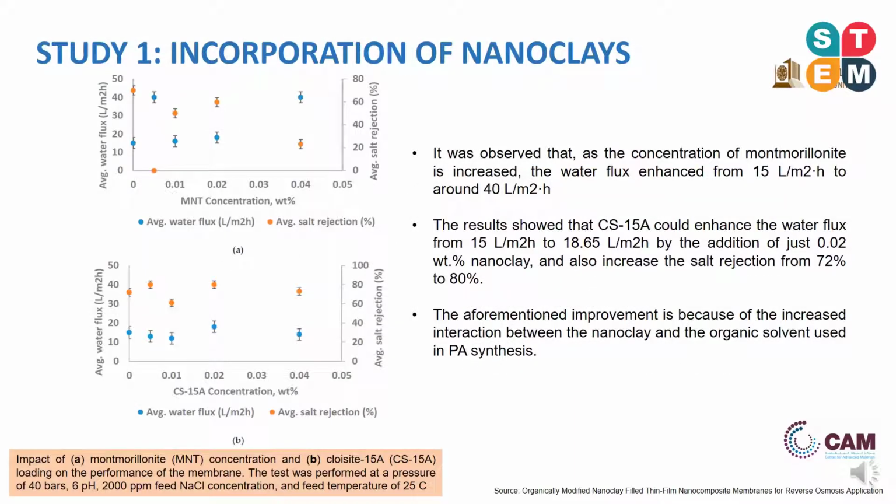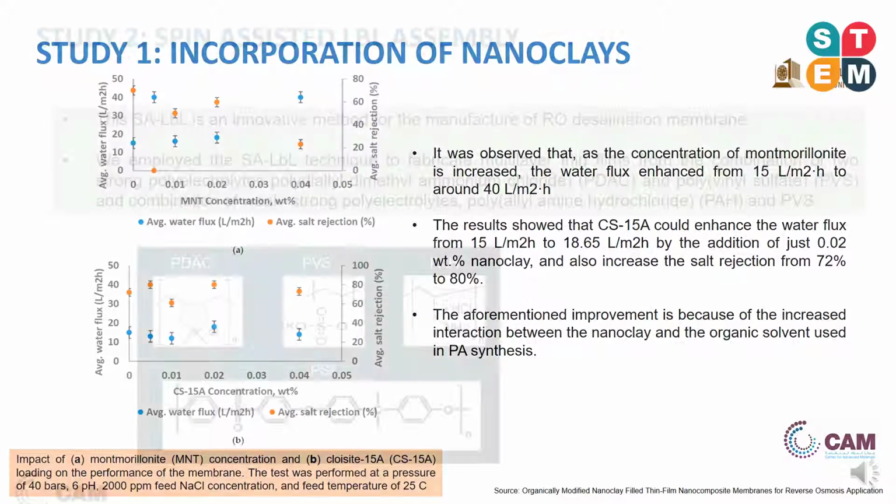From the different graphs obtained, it was very clear that the efficiency of the thin film composite membranes is definitely improved by the incorporation of nanoclay, and this improvement is because of the increased interaction between the nanoclay and the organic solvent used in the polyamide synthesis.